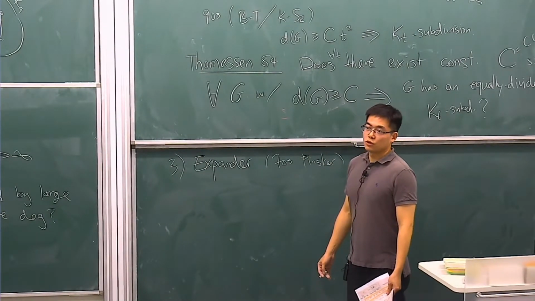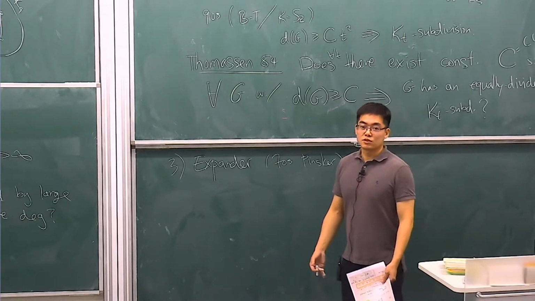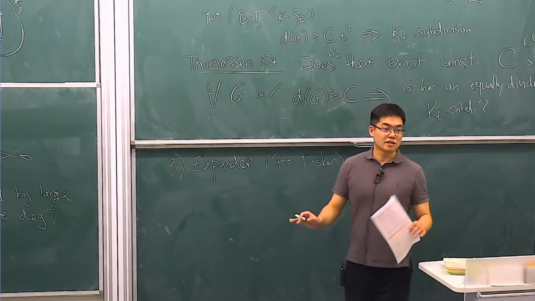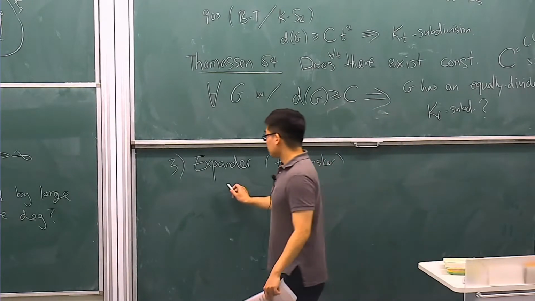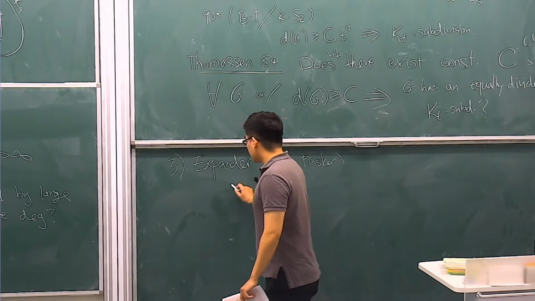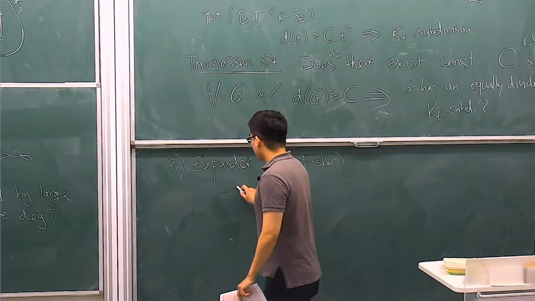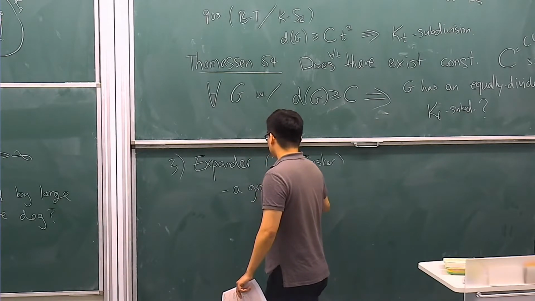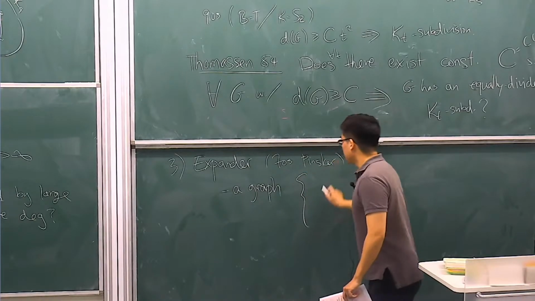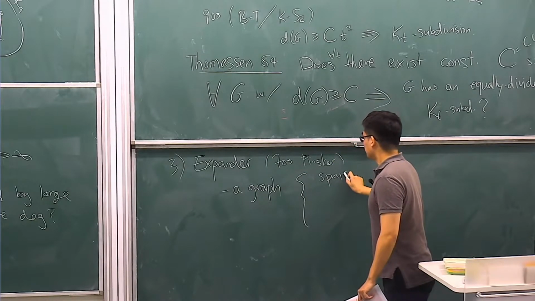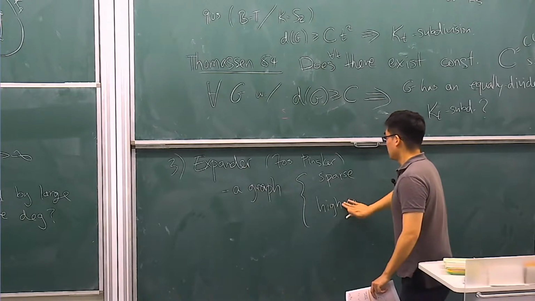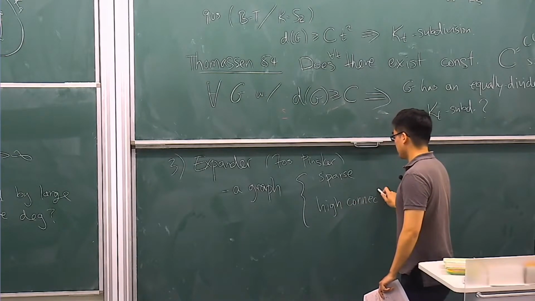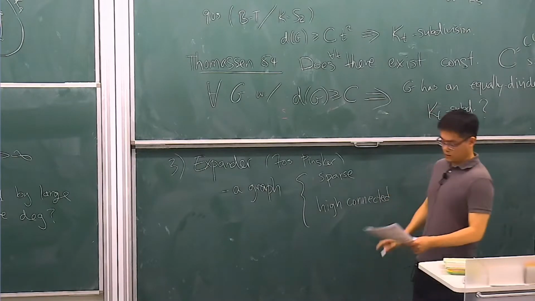Can you come up with a graph that's sparse yet highly connected, in the sense of small diameter or whichever way you want to put it? So in its essence, this is a graph that's sparse and highly connected. I'm not going to make this too rigorous.